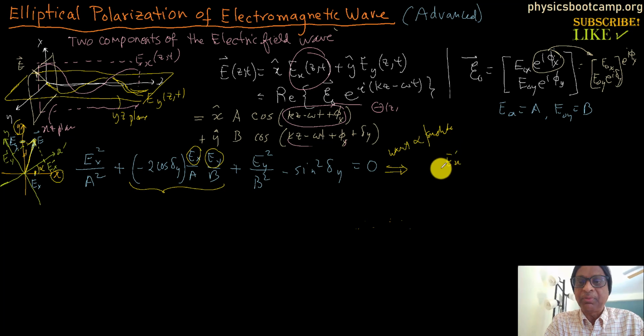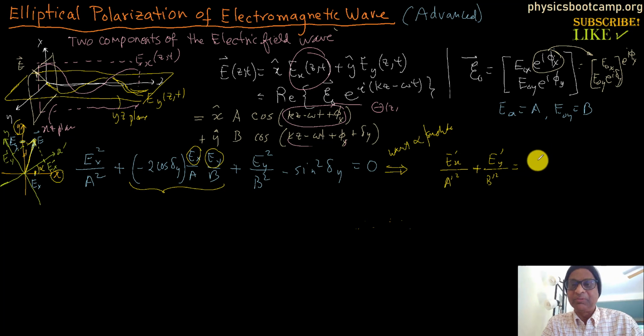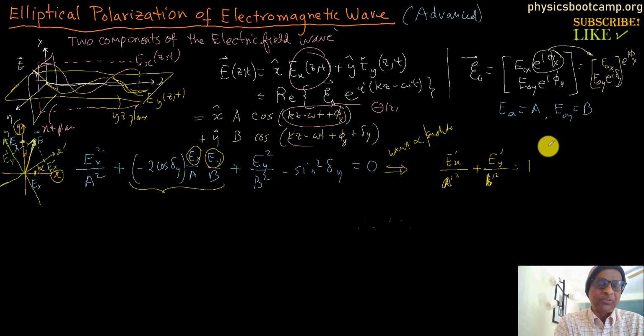We want Ex prime over A prime square plus Ey prime over B prime square equal to 1, right? For a standard ellipse, and so the ellipse will be like this, and so we want this alpha.